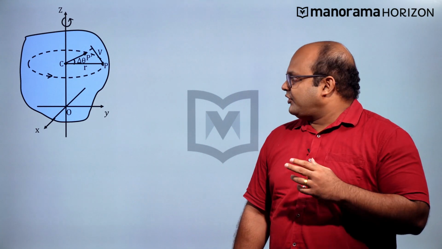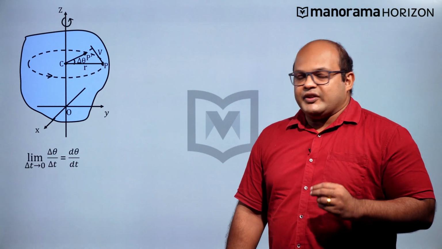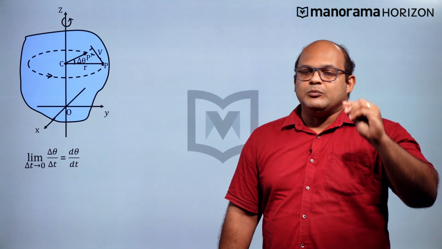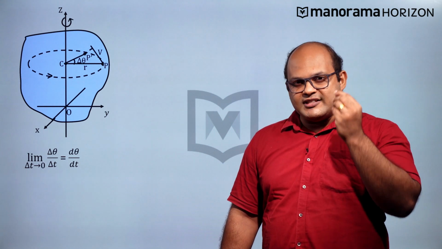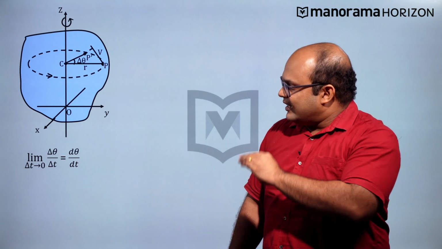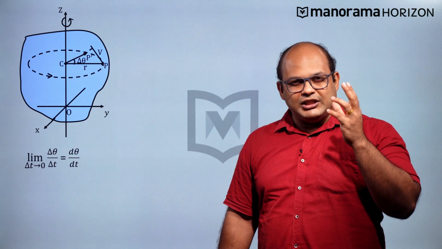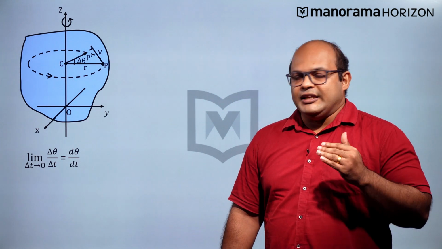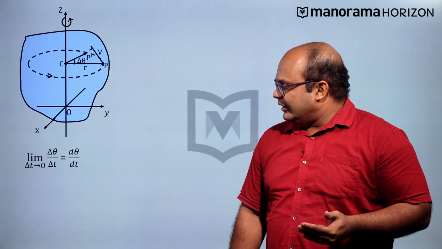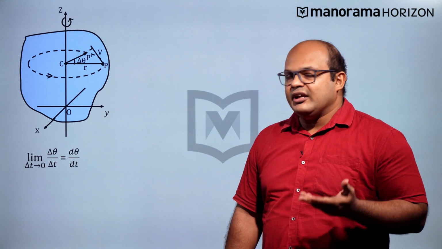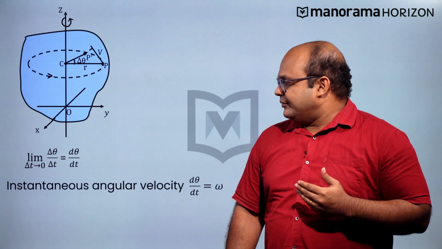Now coming back to our 3D object, we can say that if I take delta t to be an infinitesimally small amount of time, such that delta t starts to approach zero, not exactly zero, but a vanishingly small amount of time, the equation delta theta by delta t turns into d theta by dt. So we are differentiating the angle with respect to time.